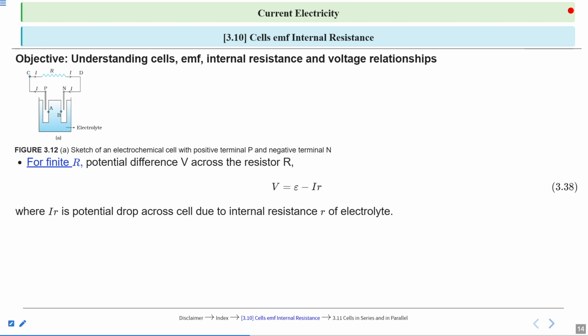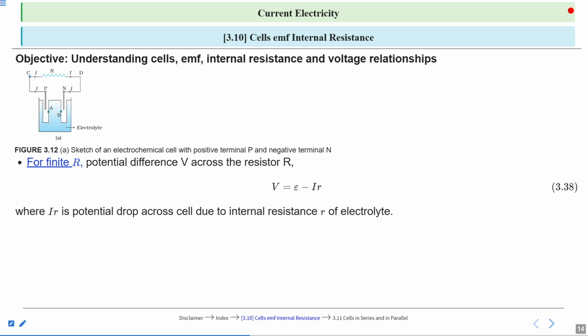So it is the EMF of the cell minus the current I flowing through the cell times small r, the internal resistance of the electrolyte. According to Ohm's law, V is equal to I r, so I r is the potential drop across the cell.